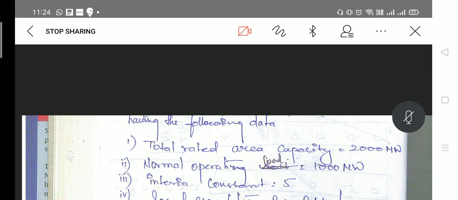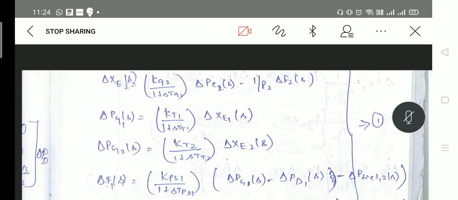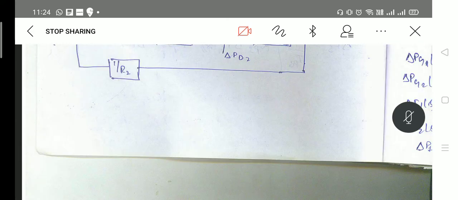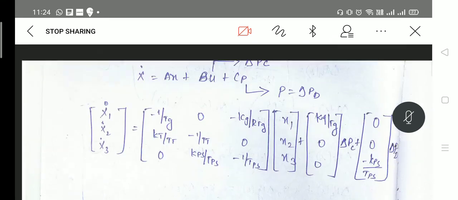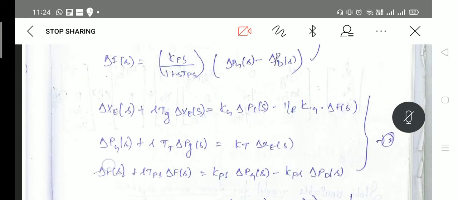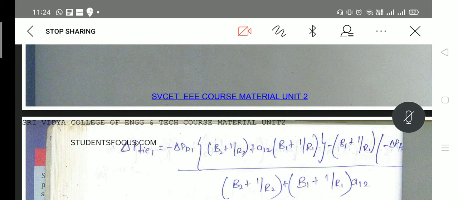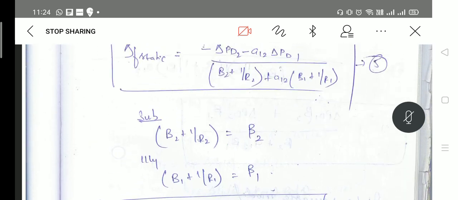Complete notes I will share with you. Any doubts? Ask me. Do you have first unit notes? Anyone tell me? Do you have first unit notes?